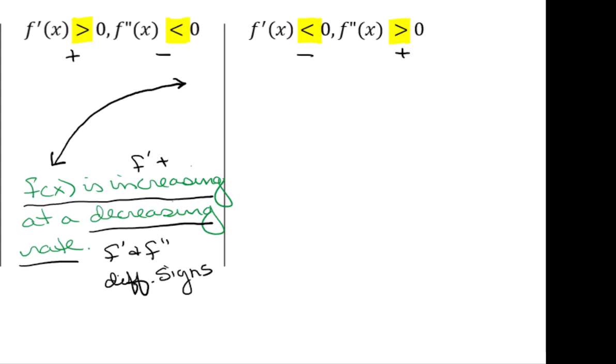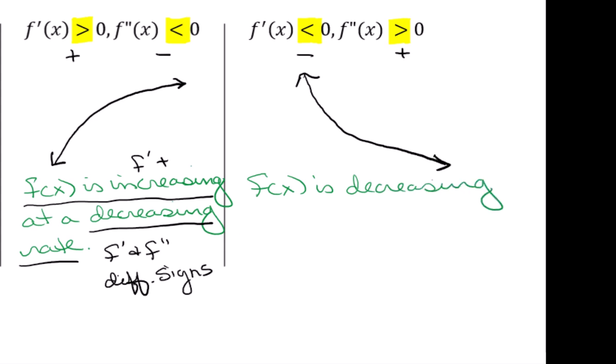First derivative being negative tells us that our function is decreasing, but it's decreasing at a slower rate. You're not jumping off a cliff. So we can say f of x is decreasing at a decreasing rate.